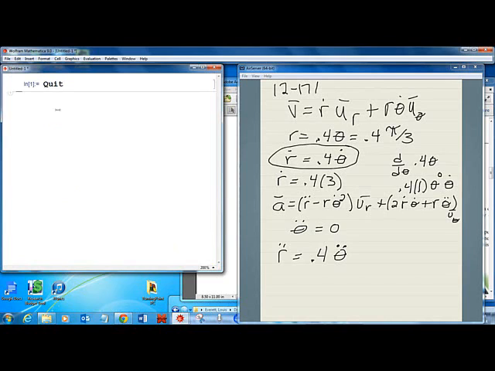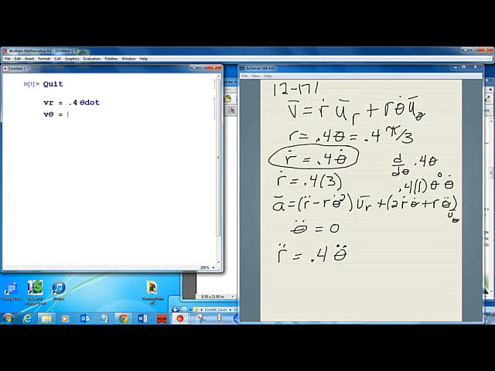All right, so I have V in the radial direction is R dot. R dot is 0.4 times theta dot. All right, and then V theta. You don't need to put the equation and equals and all that?